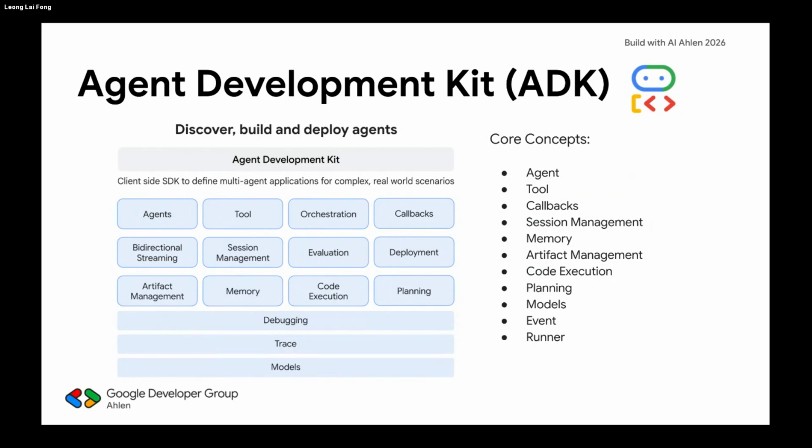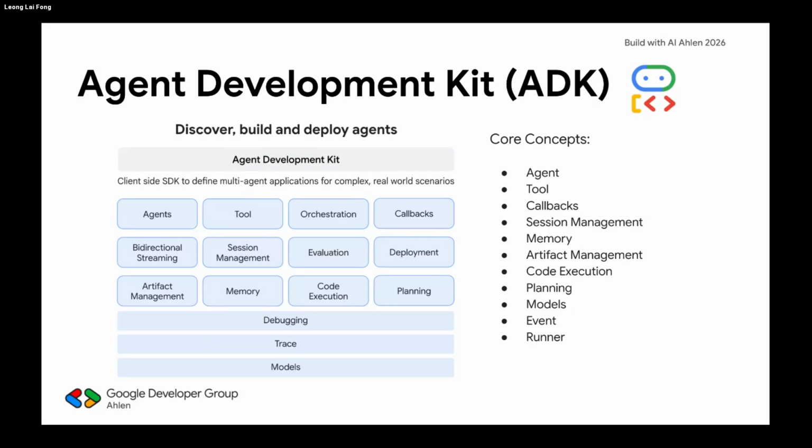It already covers not just building the AI agent, but also seamlessly deploying to Google Cloud. As you can see here, we also have the evaluation and the deployment, and of course, it can also do artifact management and tracing. We will also cover a bit of that today. So there are a lot of components included in the ADK.